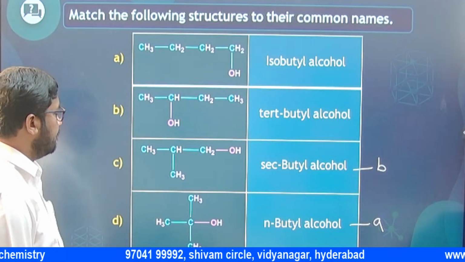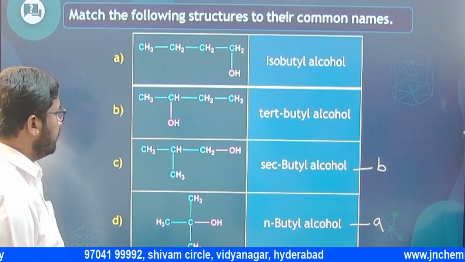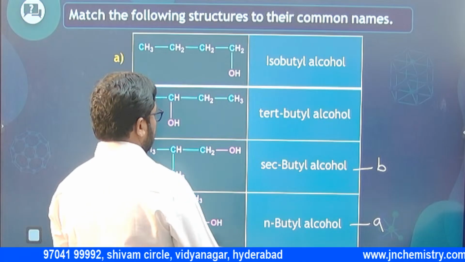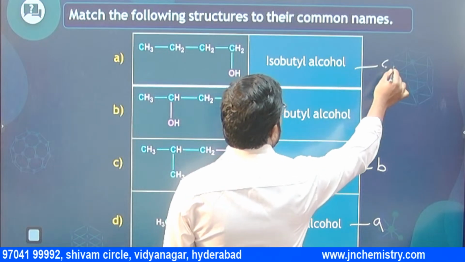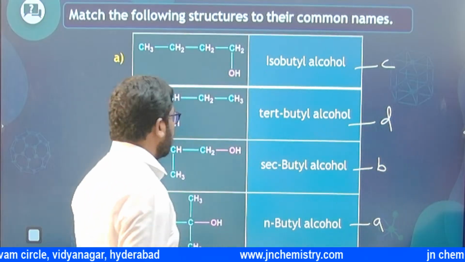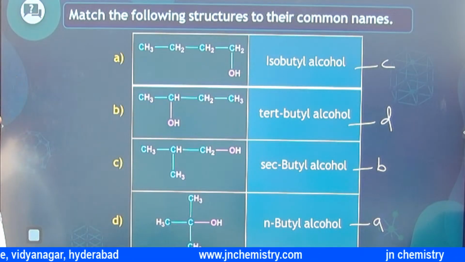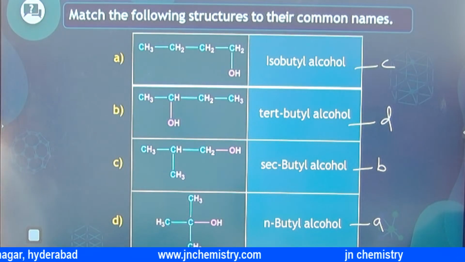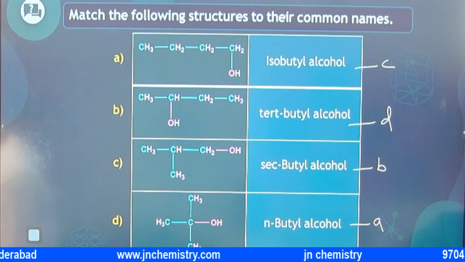Third one, isobutyl alcohol. Very good. Isobutyl alcohol means this is C. This is D. Good. Write it down.